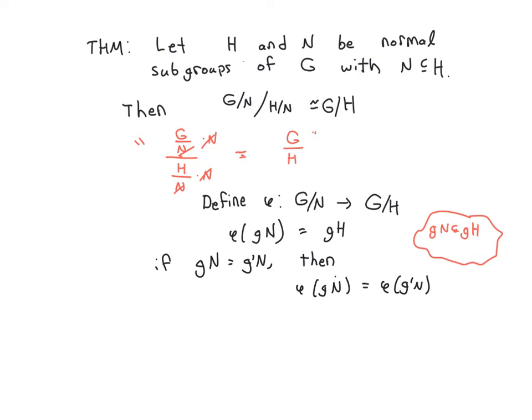In other words, that gH is equal to g'H. Well, that's not too hard to show, because since gN is equal to g'N, that's if and only if g inverse g' is an element of N. By our hypothesis up here, N is a subset of H. So g inverse g' is an element of H. That's true if and only if these two cosets of H are equal. So that's all we need.